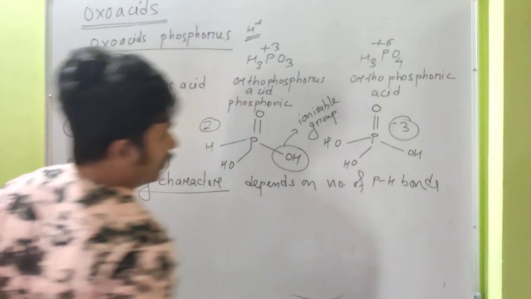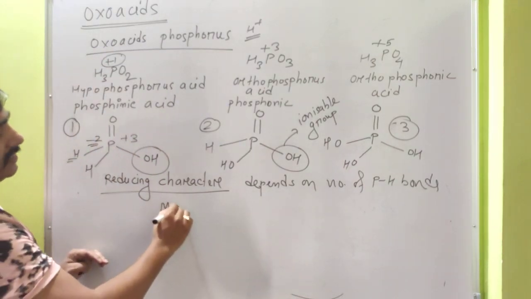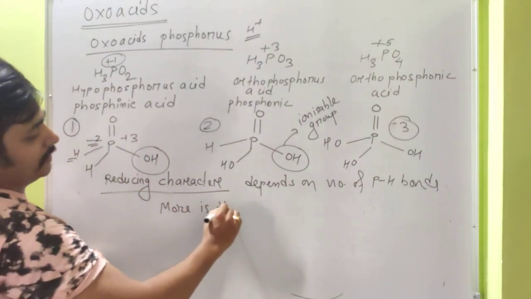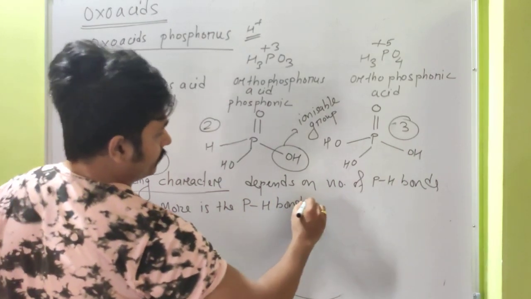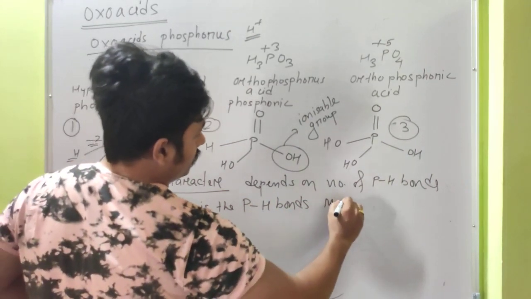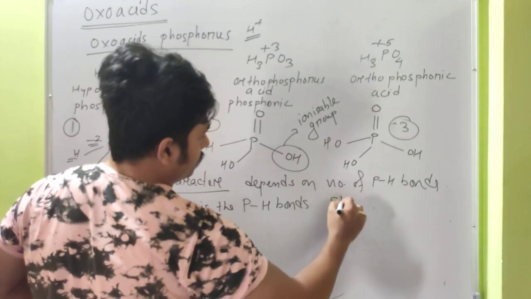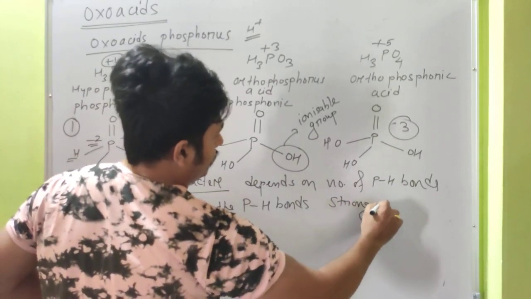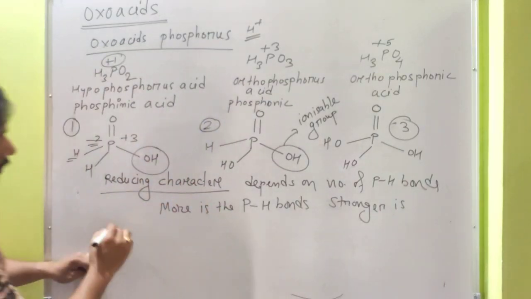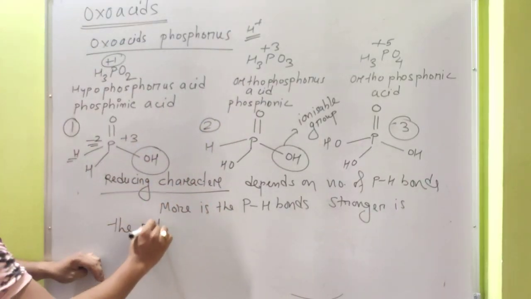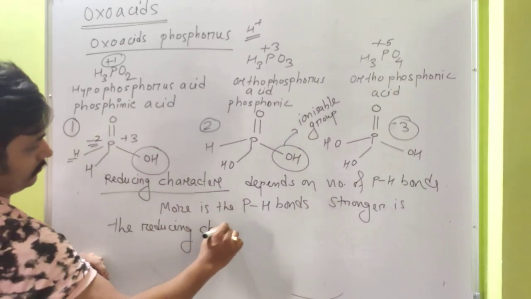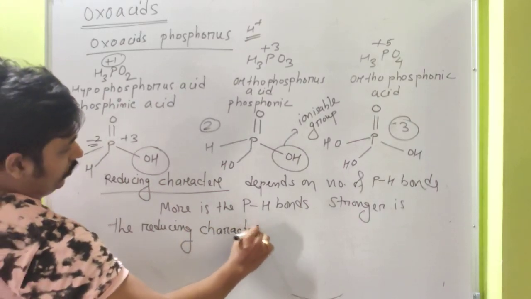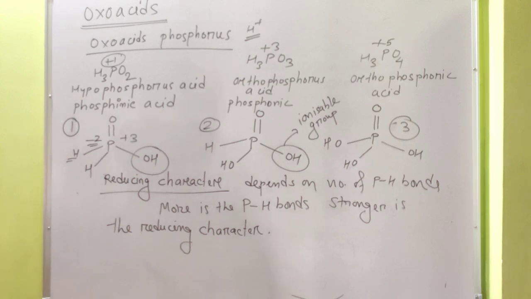That means the more P-H bonds, the stronger is the reducing character.